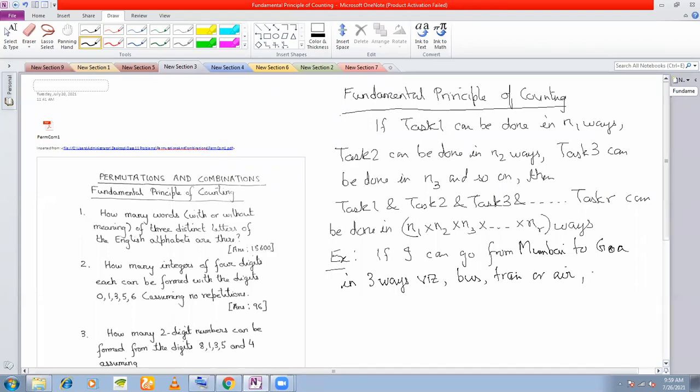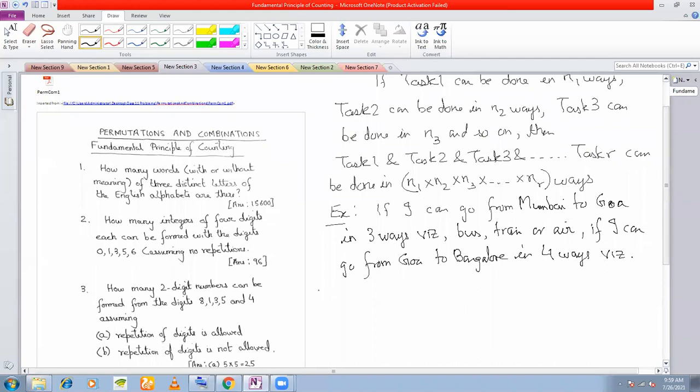Okay. And if I can go from Goa to Bangalore in say 4 ways, that is, let's say I can go from Goa to Bangalore by cycling, I can go by air, I can go by train, or I can go by car. 4 ways, right?